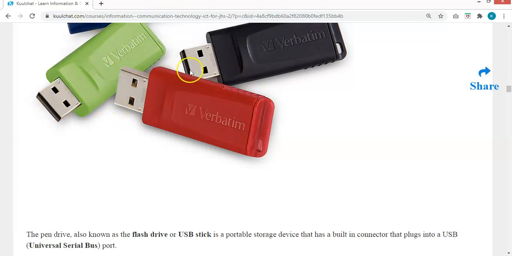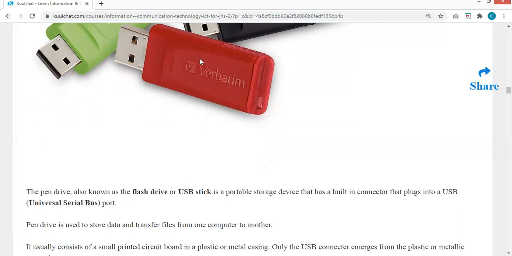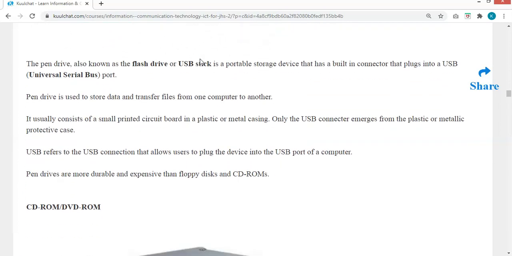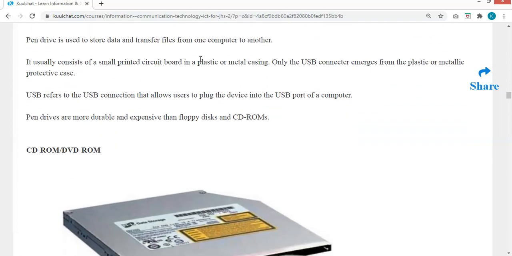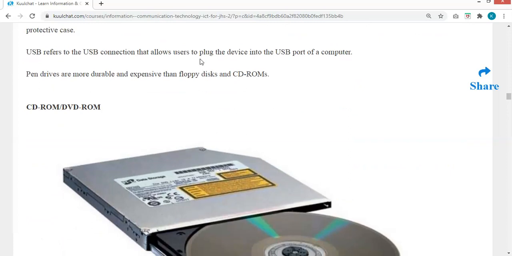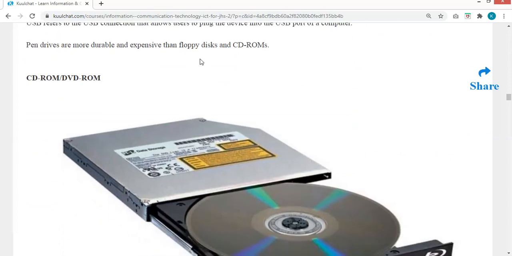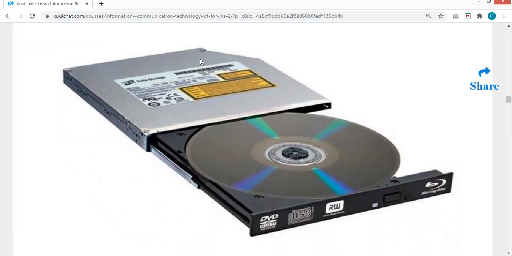Then we have the CD-ROM and the DVD-ROM. These storage devices are still being used, as people still have music, songs, videos and movies on CDs and DVDs.